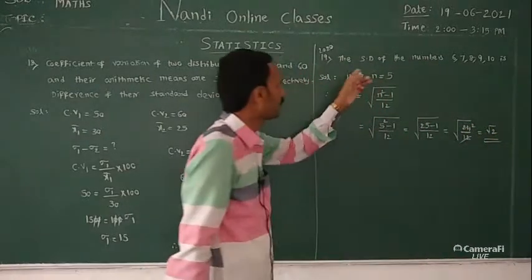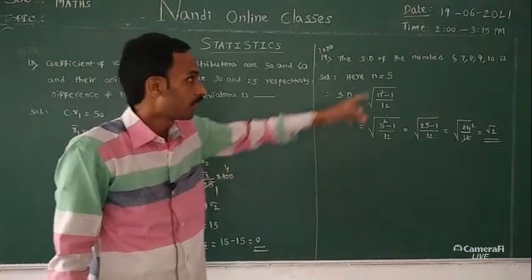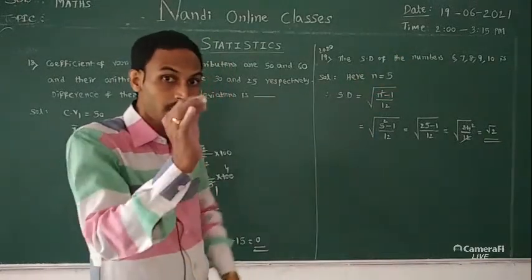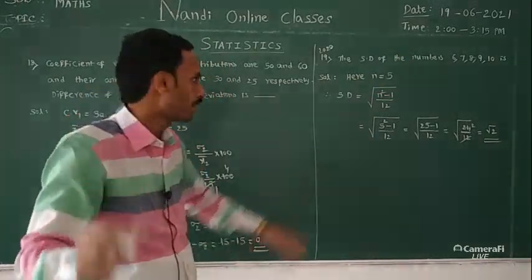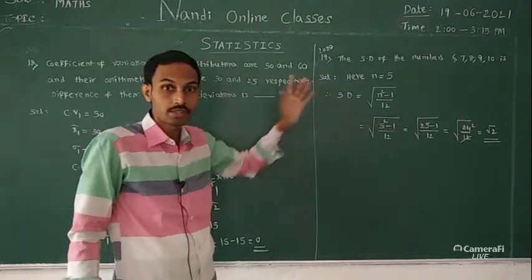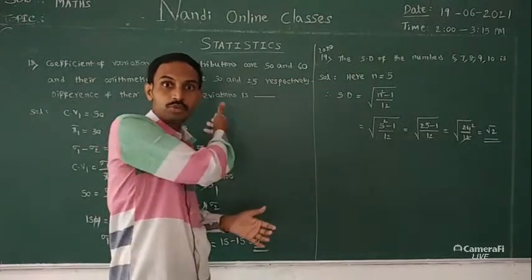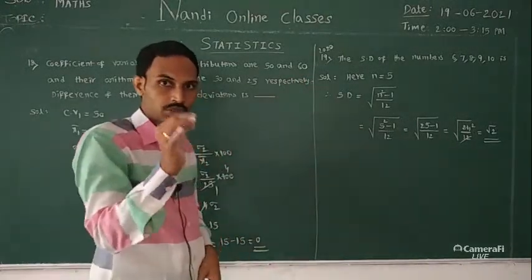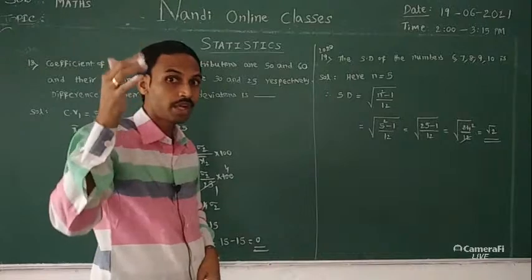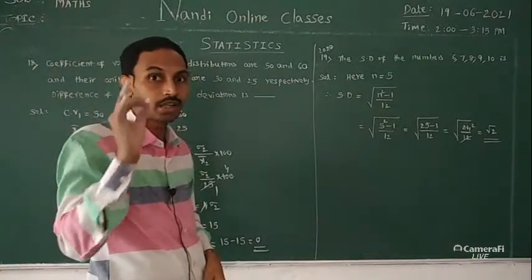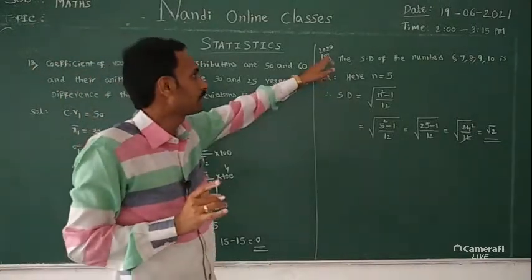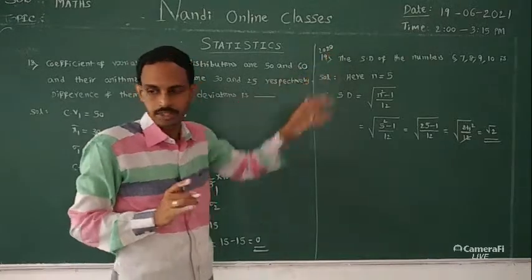So the standard deviation is root 2. Observe that these numbers are consecutive natural numbers. That's why I applied this formula. Otherwise, if they are different numbers, we do sigma equals root of summation xi square by n minus x bar whole square, as we did just now. That formula you have to apply. Okay, this is given in 2020. Okay, write it.